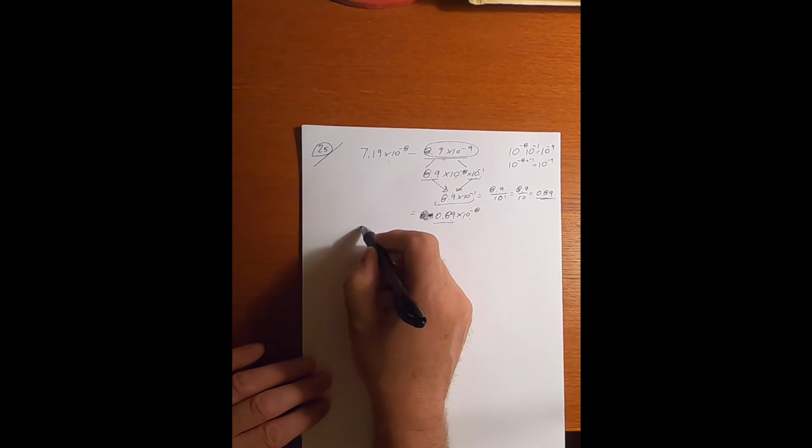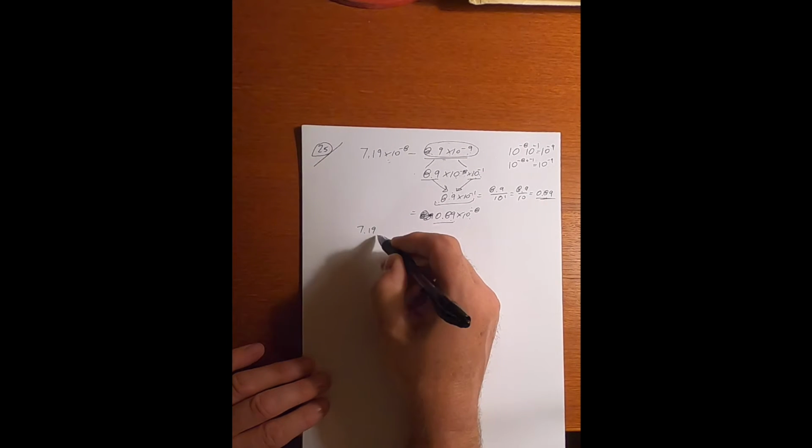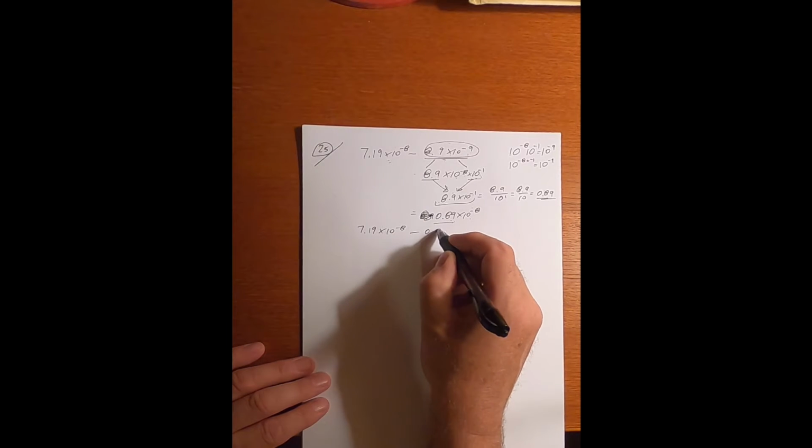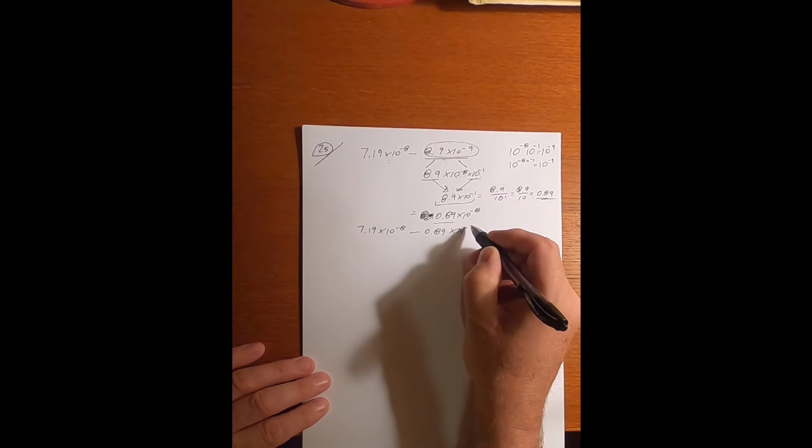Now back to the problem: 7.19 times 10 to the minus 8 minus 0.89 times 10 to the minus 8.